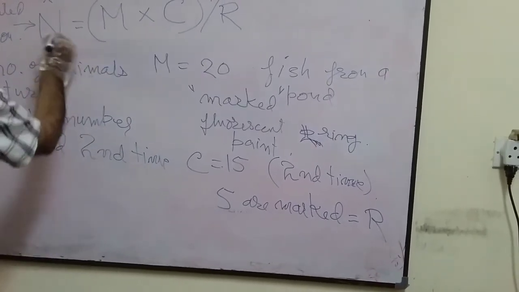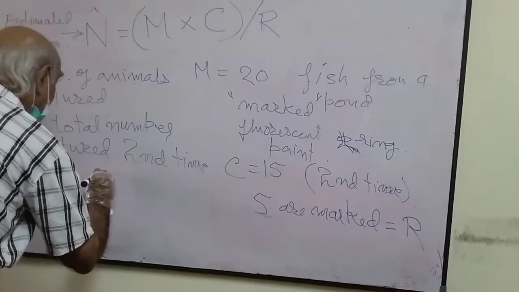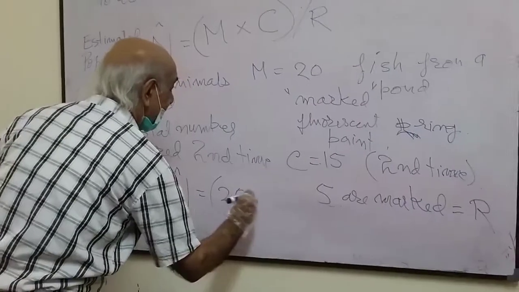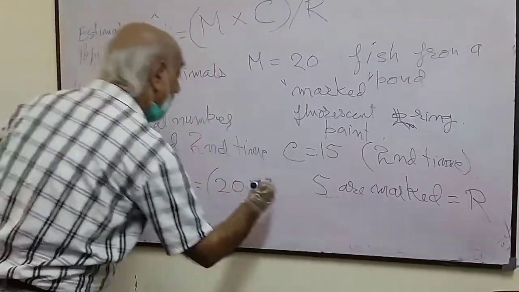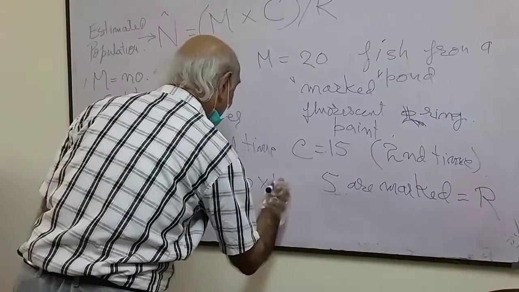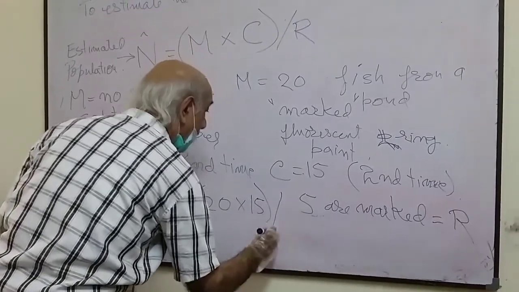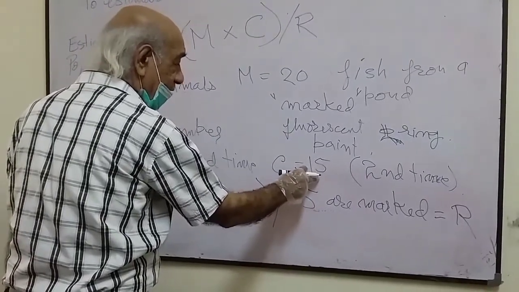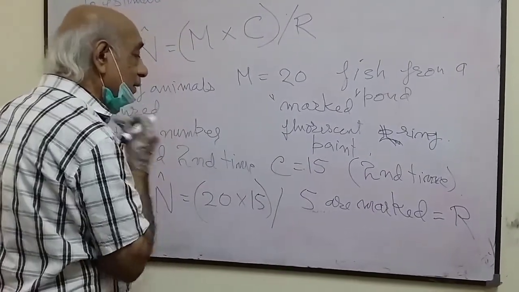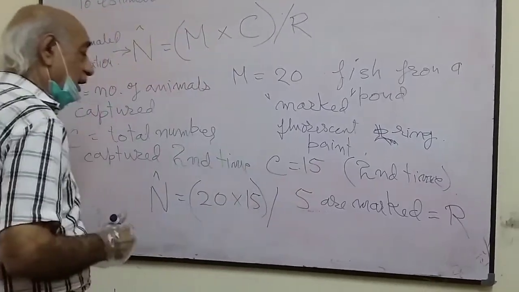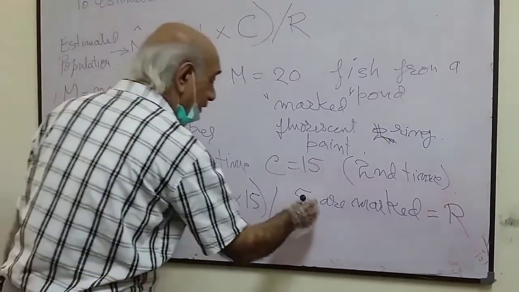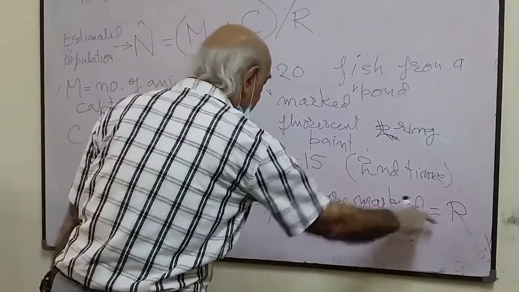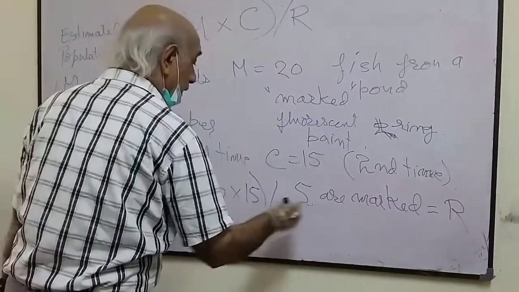So the population size is M, which is 20, into the number captured the second time, 15, divided by the number marked in these 15. In these 15, 5 are marked whereas 10 are unmarked. So R is 5.